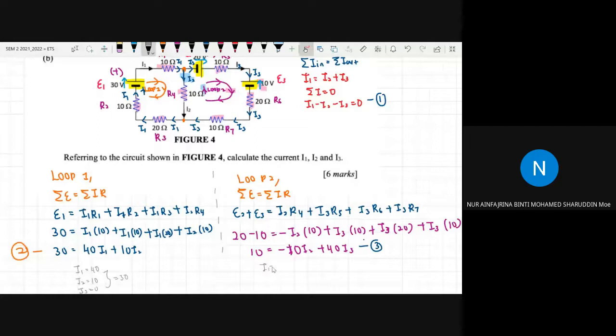Yang ini I1 kosong, I2 adalah negatif 10, I3 adalah 40, ini akan sama dengan 10. Ini I1 1, I2 negatif 1, I3 negatif 1 sama dengan 0. Okey, masukkan ke dalam kalkulator dan bagi tahu kat Miss apakah jawapan akhir dia.